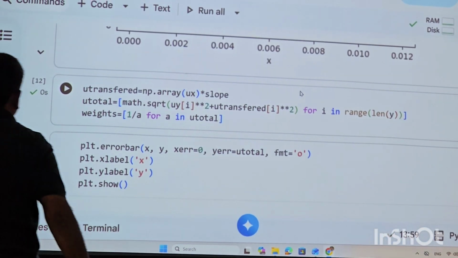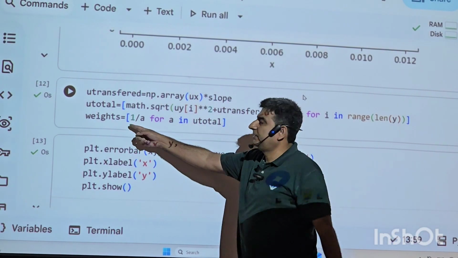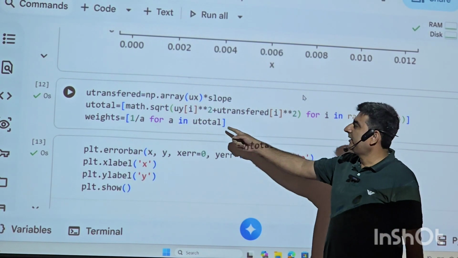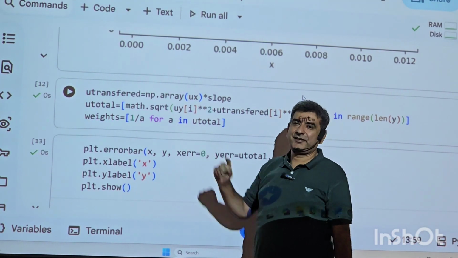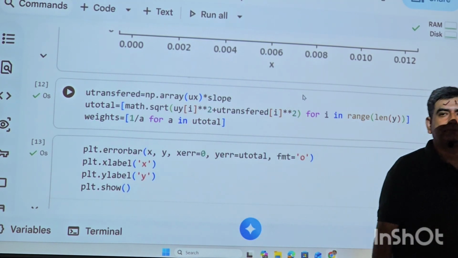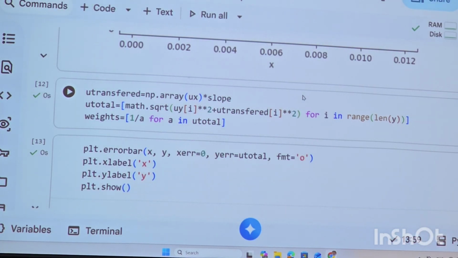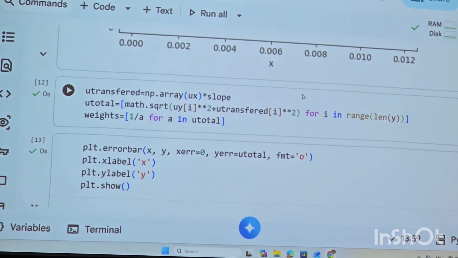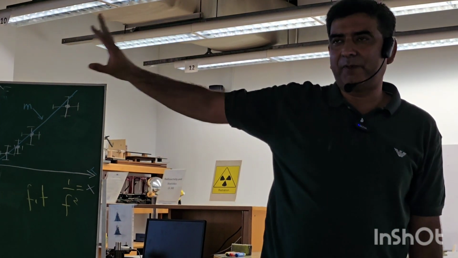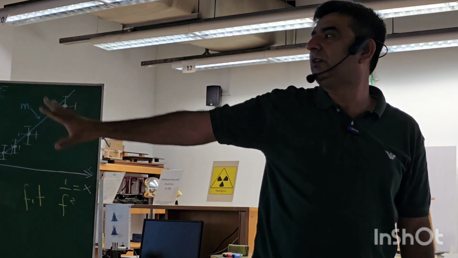You see, we define this array, weights, as 1 over the uncertainty. Actually, it should be the square of the uncertainty, but the Python library automatically takes the square, so we don't need to put the square in when we're using a Python library.